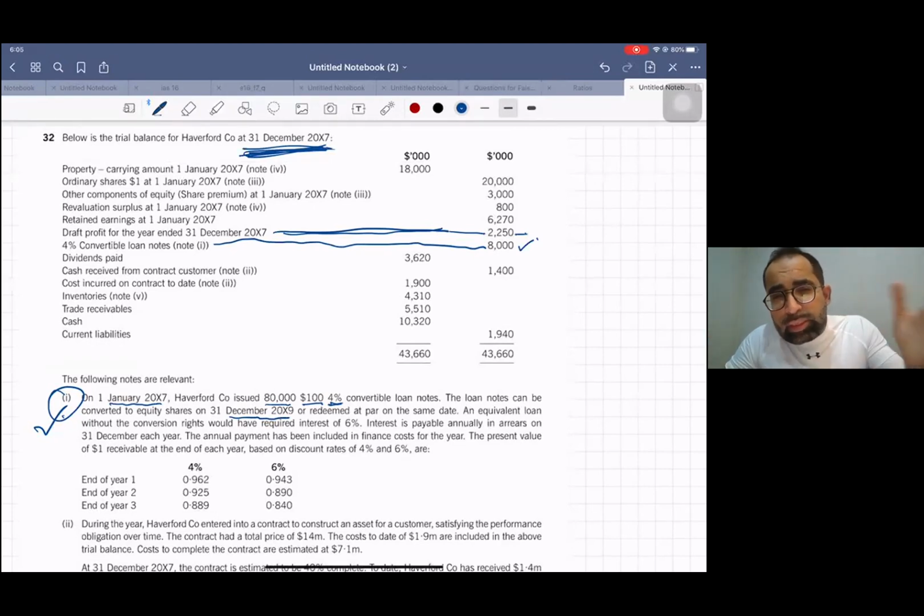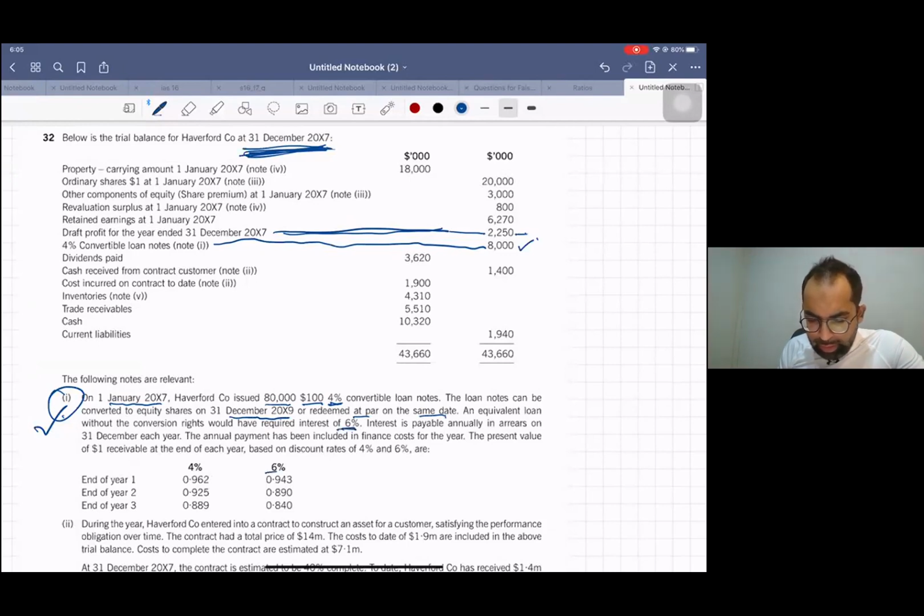In the last question it was only 2 years, but in this question it's 3 years. The loan notes can be converted into equity shares or redeemed at par on the same date. An equivalent loan note without the conversion rights would have required an interest rate of 6%.